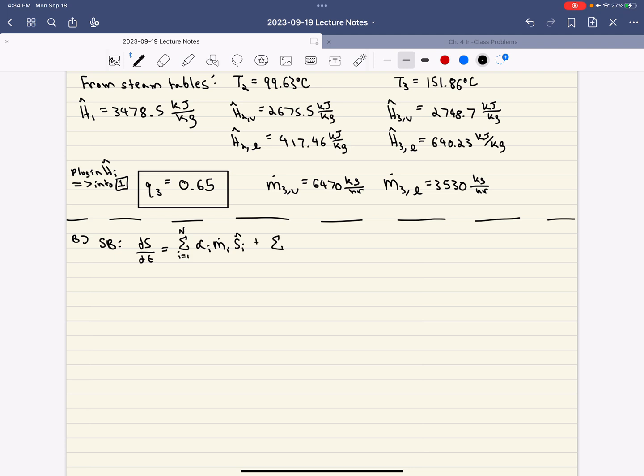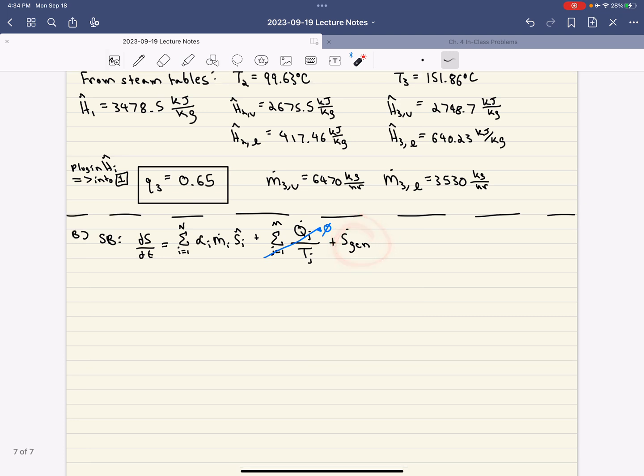We have our heat terms. And then we have Sgen. Alright, we assume the system was adiabatic, so we're not going to worry about any heats. But not only are we not assuming this process is reversible, we actually do want to go out and calculate Sgen. Right, so that's not going to be 0. But what is going to be 0 is the left-hand side, because this process is at steady state. Okay?